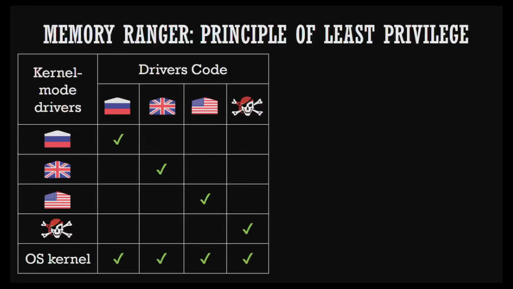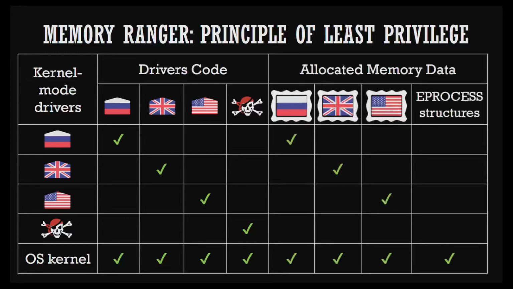MemoryRanger protects memory according to the principle of least privilege. Newly loaded drivers can access only their own code. The read and write access to the data is granted only to the drivers which allocate these data buffers. All other memory access attempts are blocked.